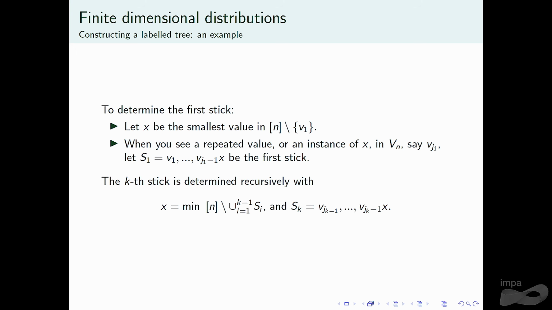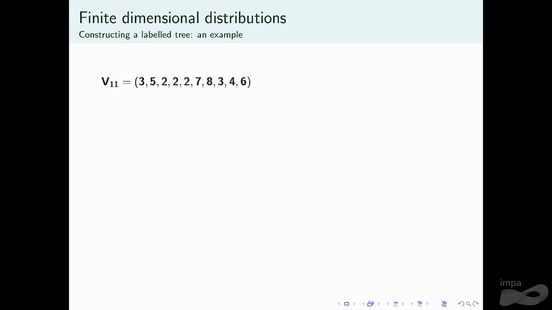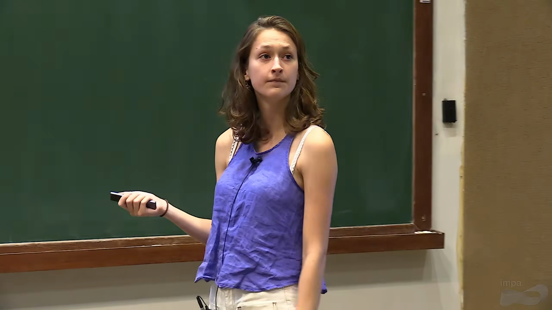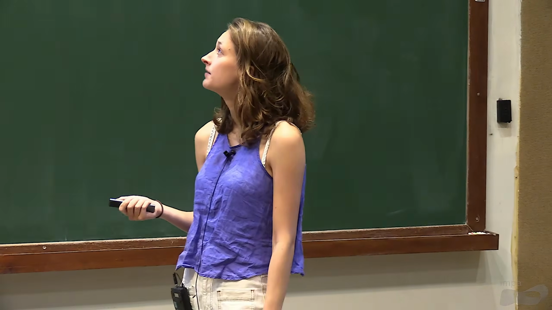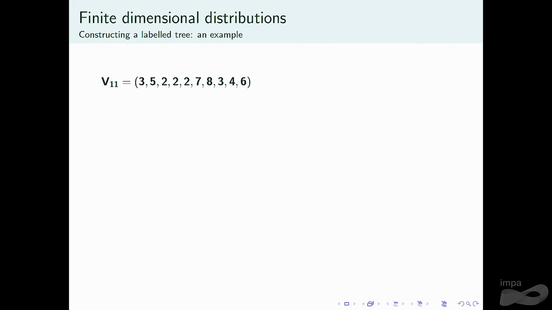Okay, so like I said, it's a bit notation heavy, maybe hard to see from this perspective, but it's easier to understand with pictures. So here is an instance of one of those sequences. The root is going to be given label 3. Before I even say that, the running minimum at this point is 1, right?